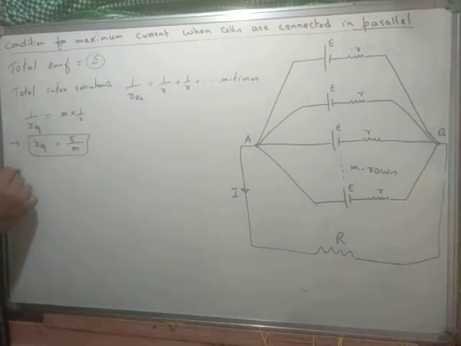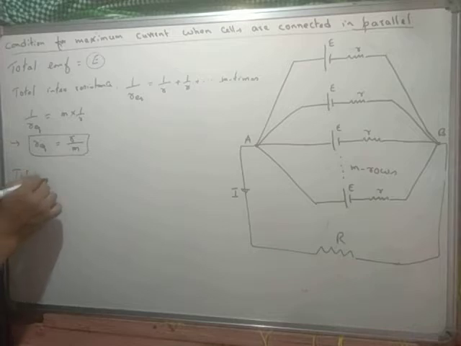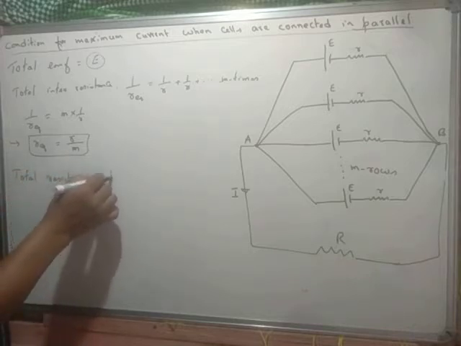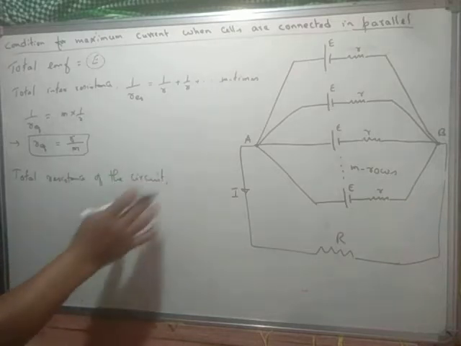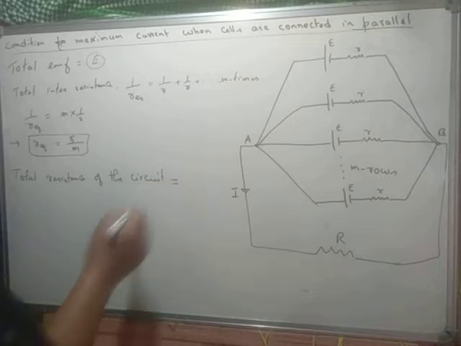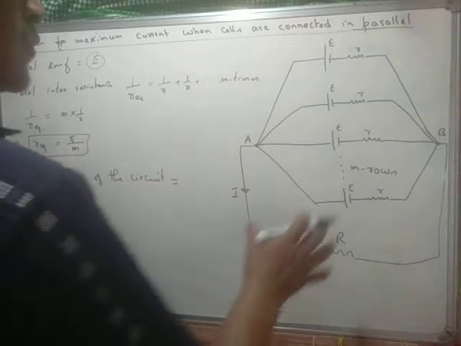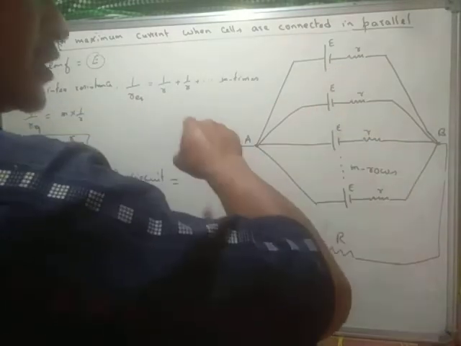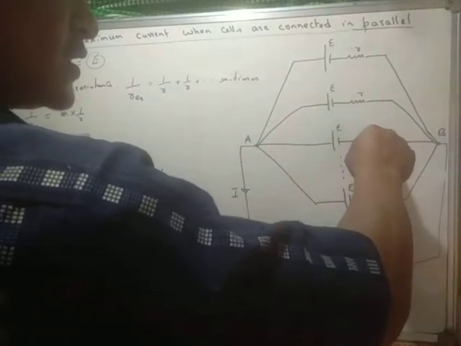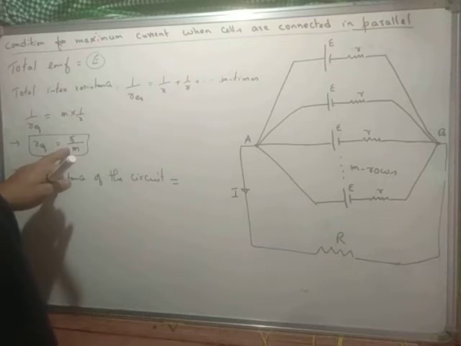Next, what is the total resistance of the circuit? When you combine all the internal resistances, you get just one resistance, which is equal to this much.